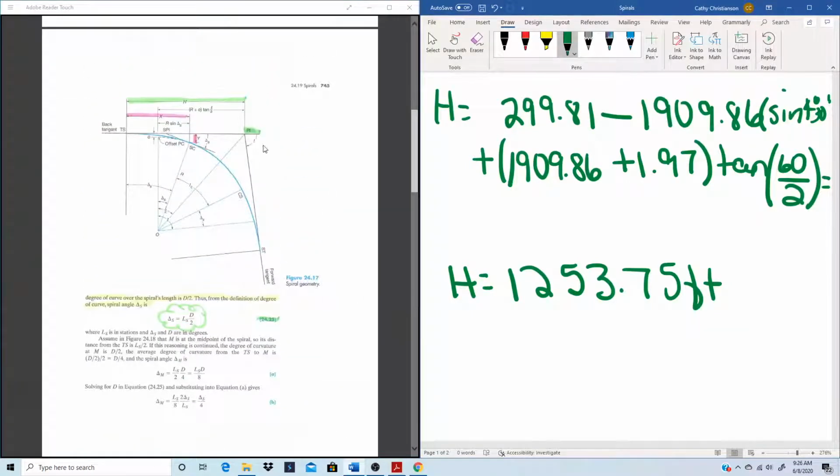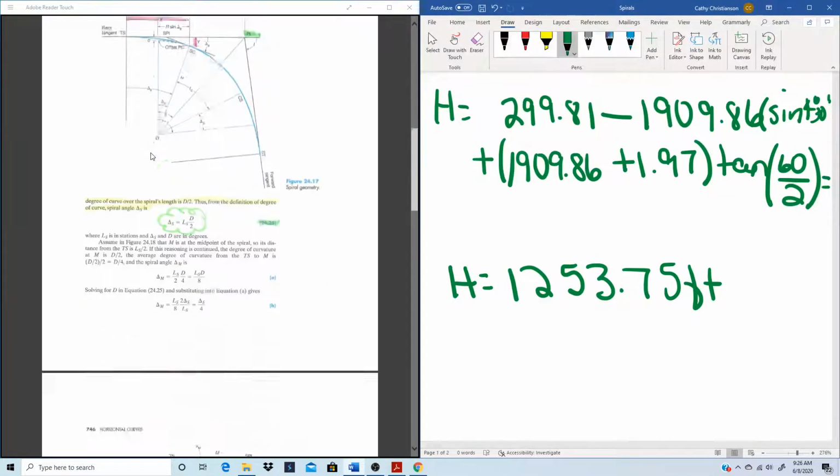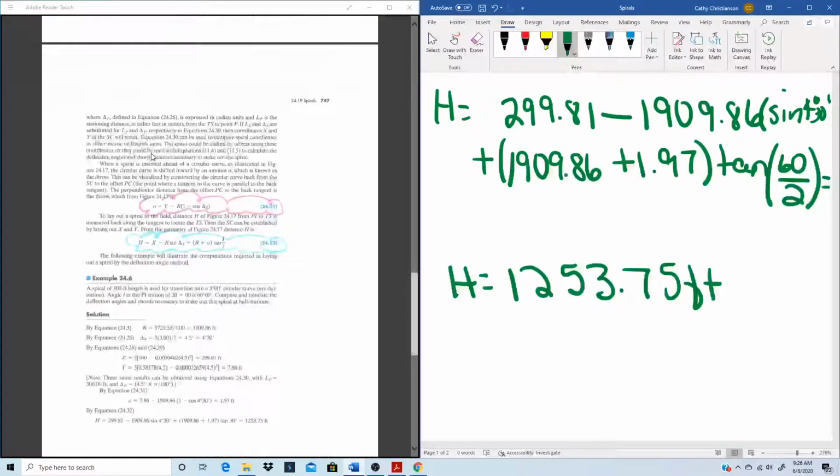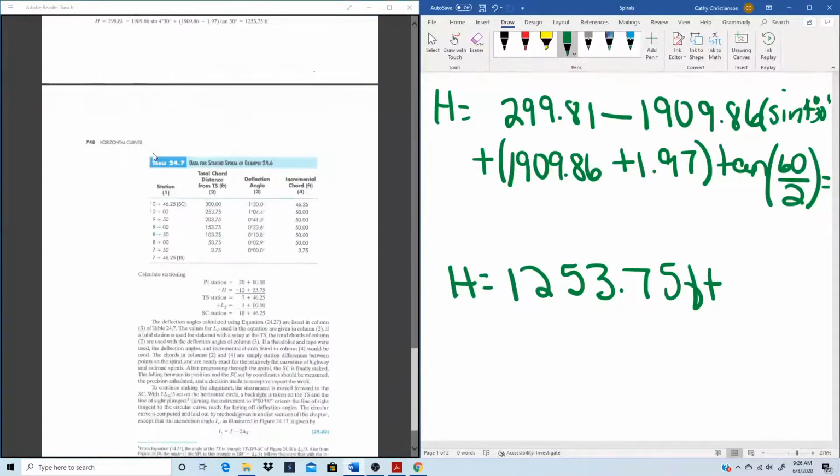Okay, so what that does is that's going to give us the H. So if you got the PI, all you have to do is subtract H, and that'll give you where the spiral begins. So just like here, I'm going to scroll down.